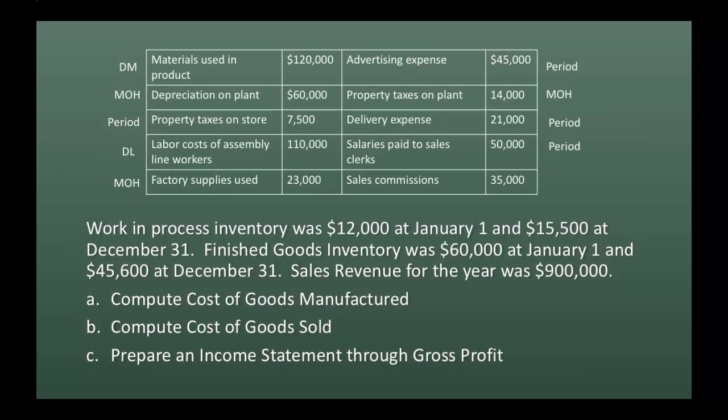And sales commissions, same idea there. This has to do with the sales process rather than the manufacturing process, so it's also a period cost. So we will need to know what we have for direct materials, direct labor, and manufacturing overhead as we go through parts A, B, and C of this problem.